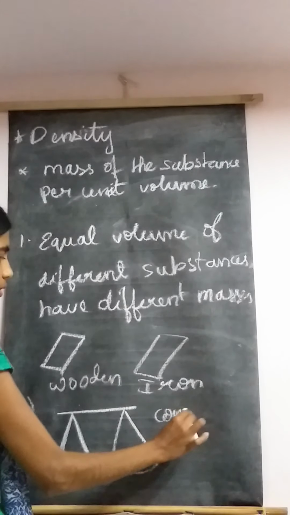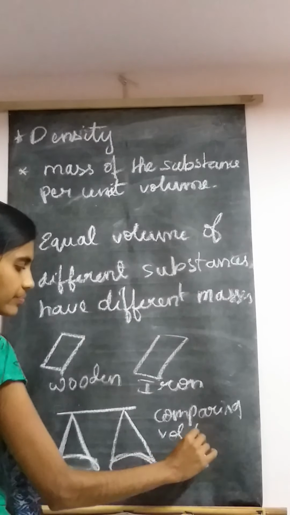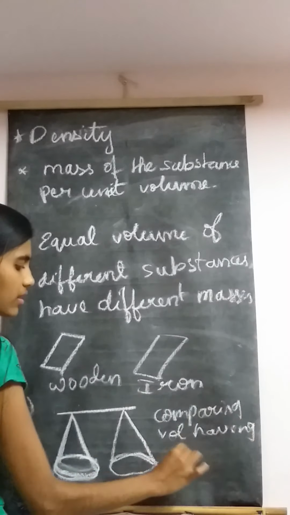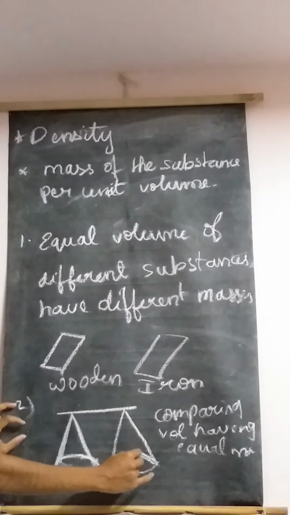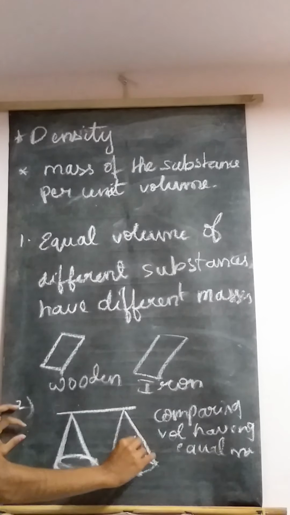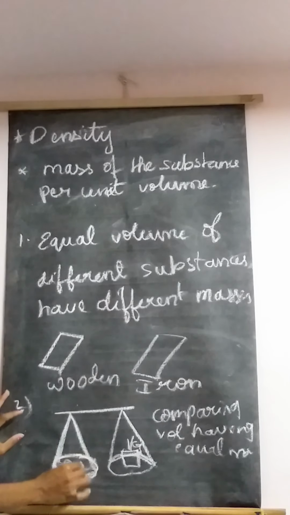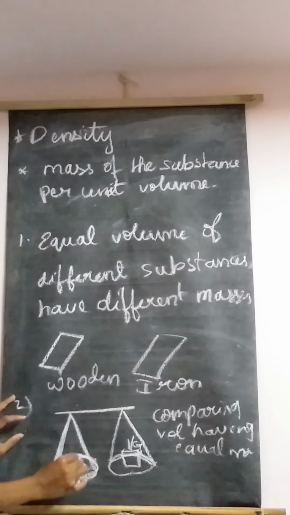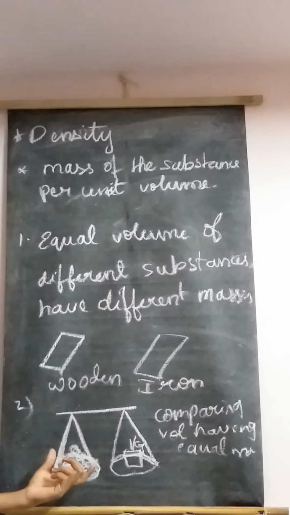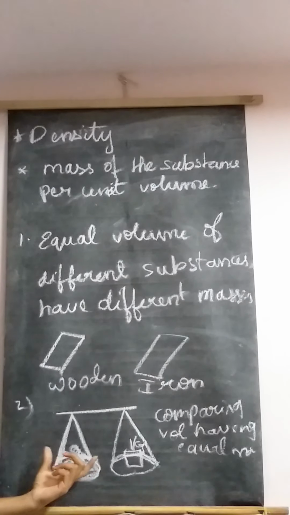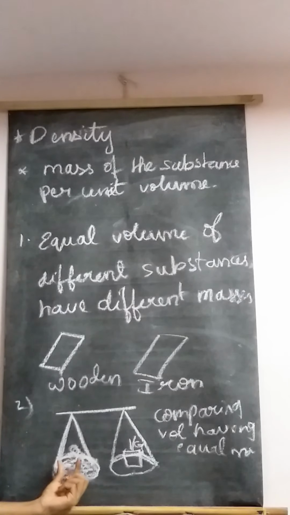So comparing volumes having equal masses, what does it mean? In this beam balance, I am going to put a 1 kg stone made of iron, and I have taken 1 kg of sugar. So what did you see? The volume is different but the mass is the same. 1 kg stone, 1 kg sugar.